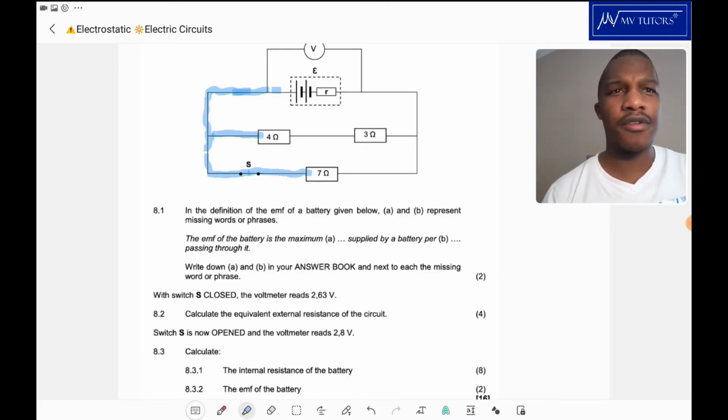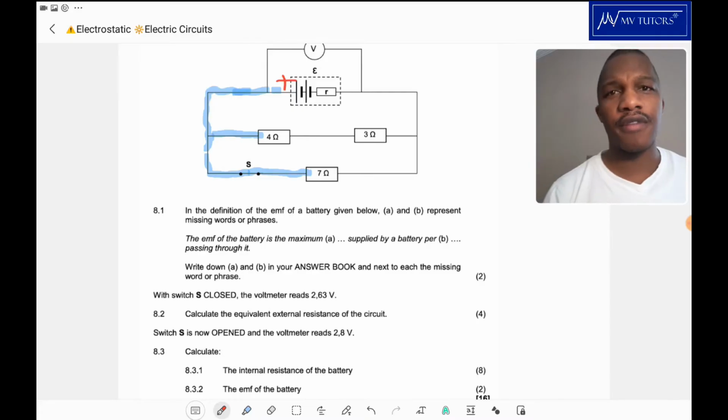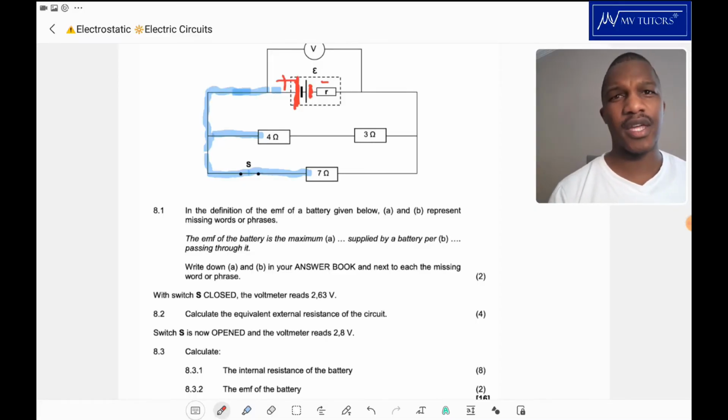The reason I made it flow this side is because this is the positive side of the battery. How do I know? Because this long stick represents positive, and the shorter one there represents negative. Current will flow from positive and then like that.